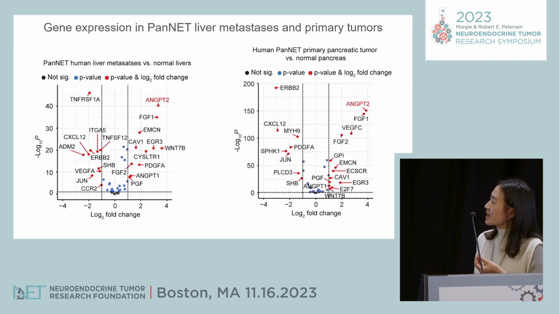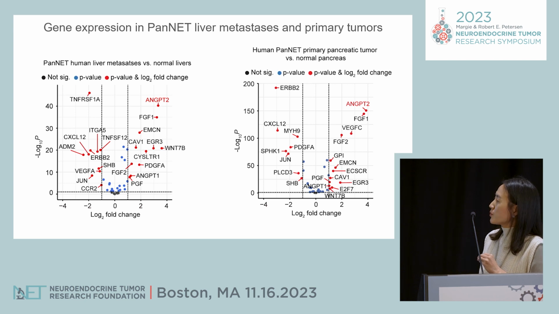So previously, I could share this data where we profiled anti-angiogenic genes in the human PanNET liver metastasis compared with normal livers, where we found multiple angiogenic genes upregulated and downregulated. Recently we could compare these angiogenic genes in the primary pancreatic tumors as well.